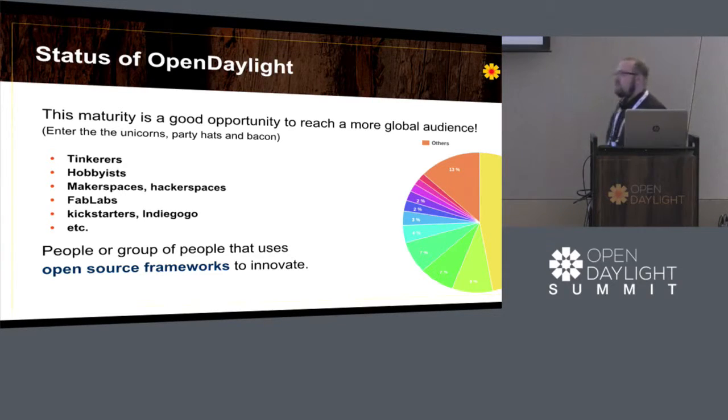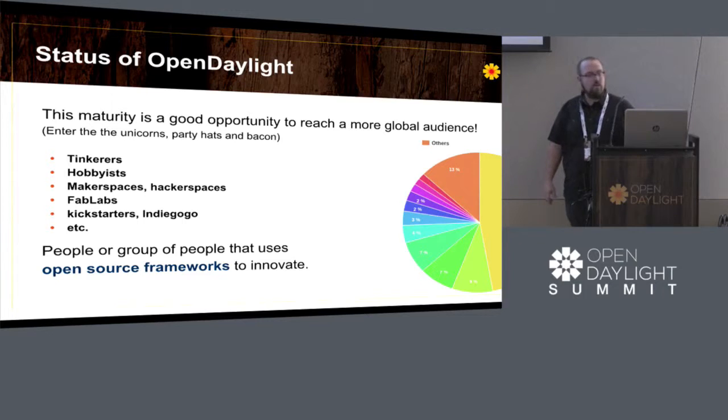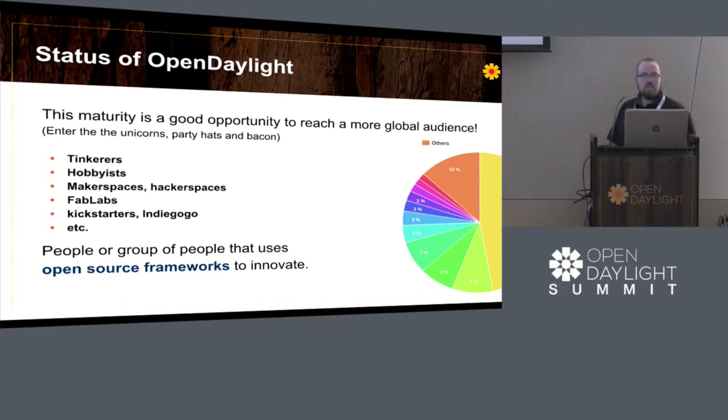With the maturity of OpenDaylight with Boron, I think it's a good opportunity to reach a more global audience. So people like tinkerers, hobbyists, people creating Kickstarters, stuff like that. Those are usually the sort of people that use open source frameworks to build and create their ideas.